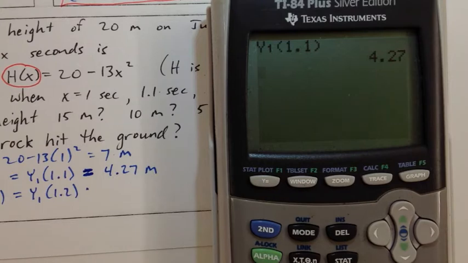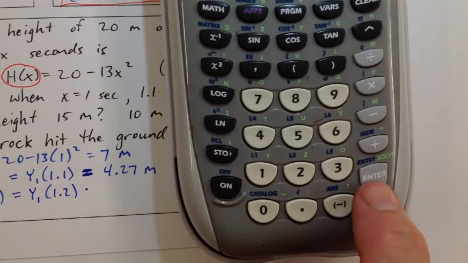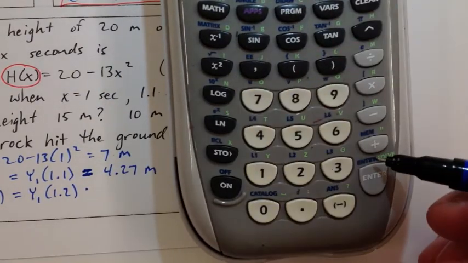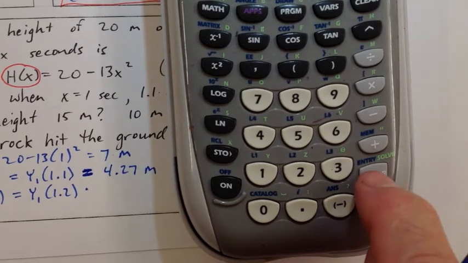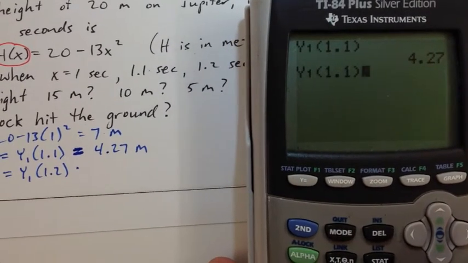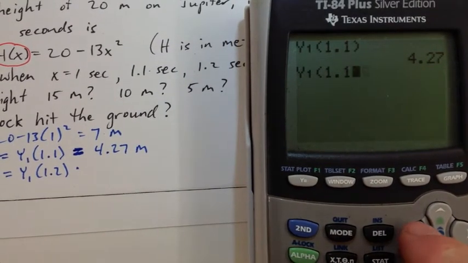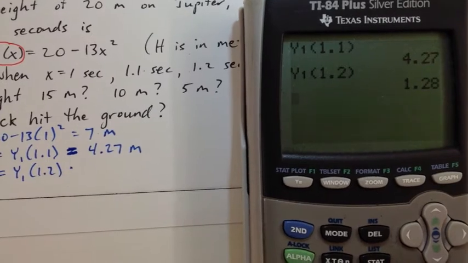By the way, here's a little trick for you. If you want to use that same function, do second, and then down here lower right is the enter button. When you hit the second key first, notice that the word entry is just above the enter key. Second entry means that you can actually edit what you just input. You can use your left arrow, and instead of using 1.1, we can use 1.2 and then enter, and we get 1.28.